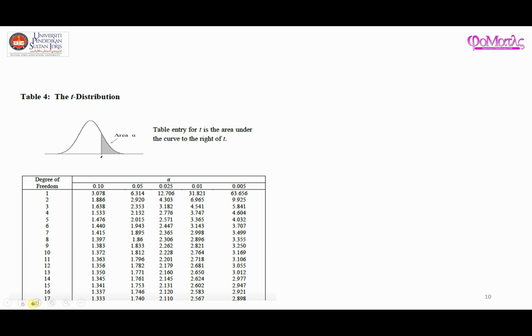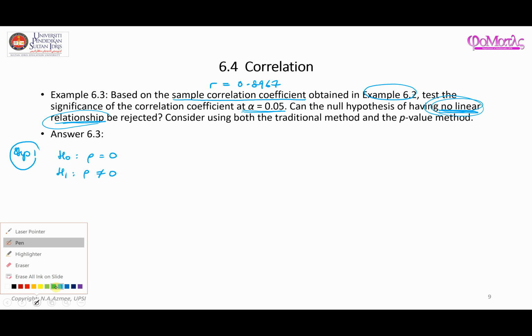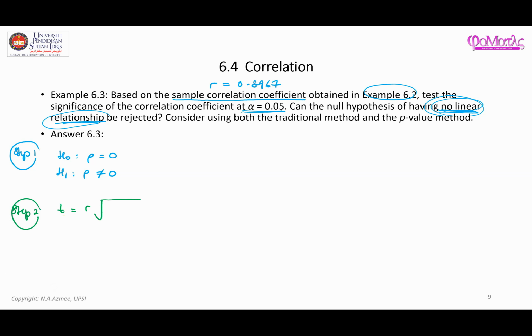On the second step, you need to compute the test statistic, which is given by this formula. We just plug in the value of r, which is 0.8967, and n here is 6, so 6 minus 2 is 4, and 1 minus 0.8967 squared.